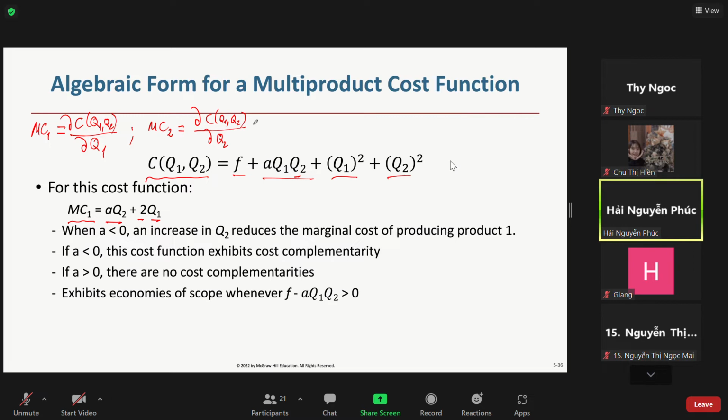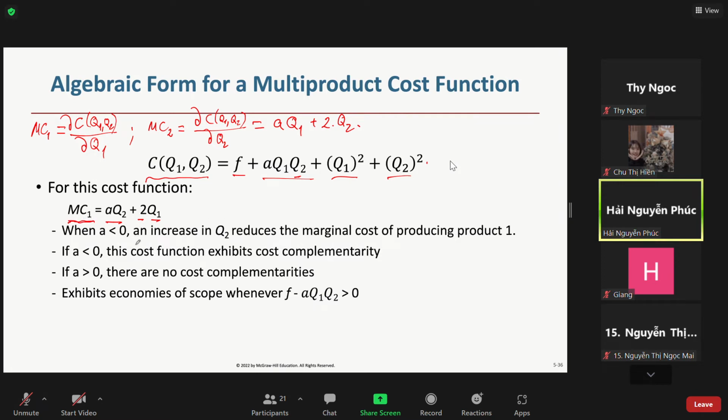And of course, it is going to be equal to A Q1 plus 2 Q2. So here's the marginal cost function.